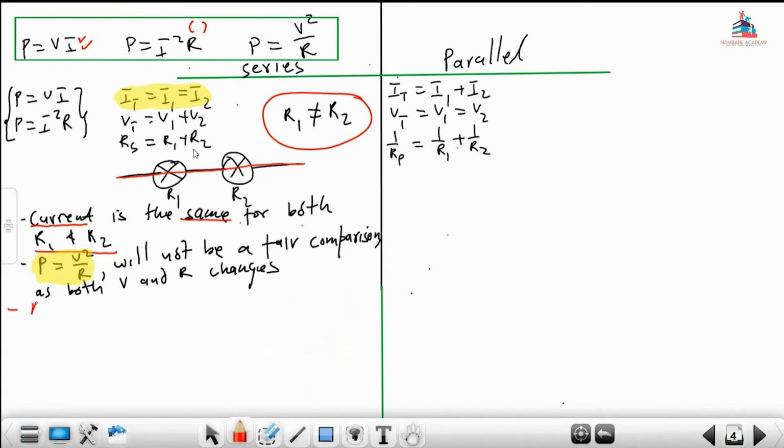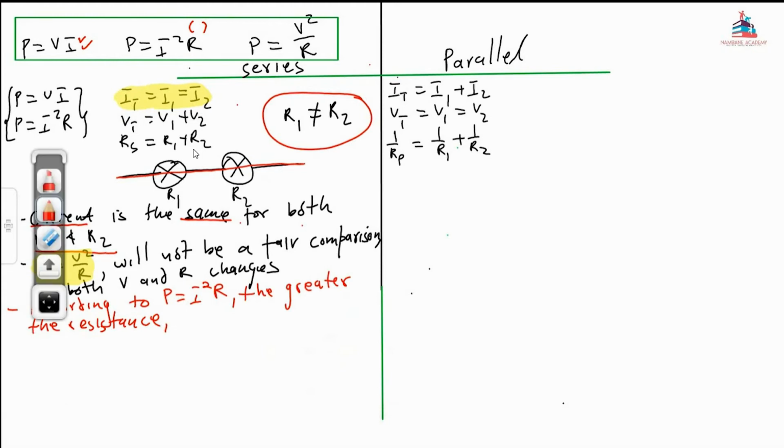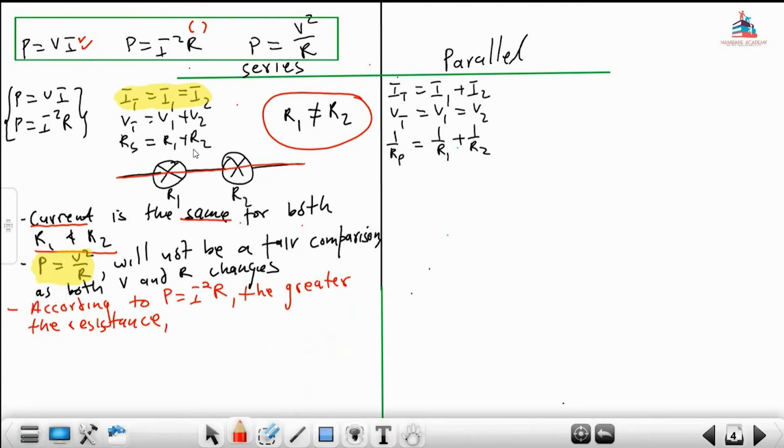Let's just say, according to P is equal to I squared R, the greater the resistance, the greater the power, but now for the same current.